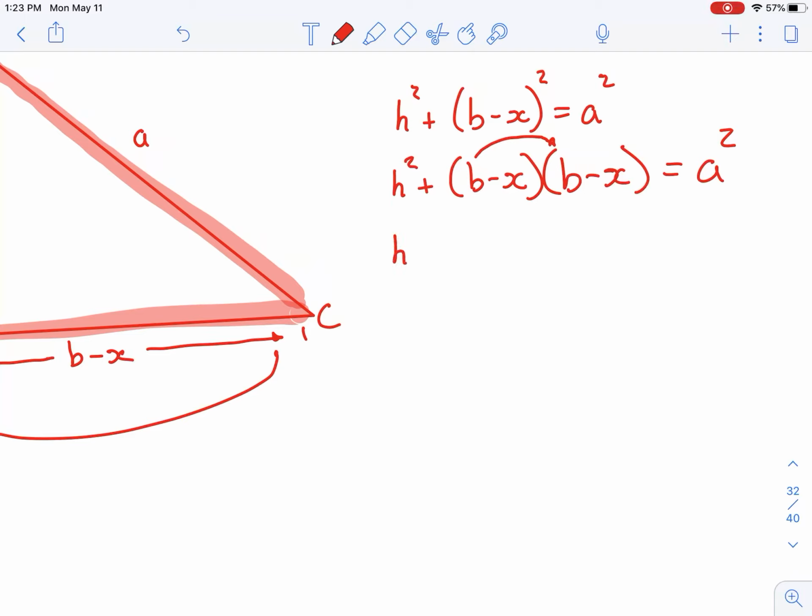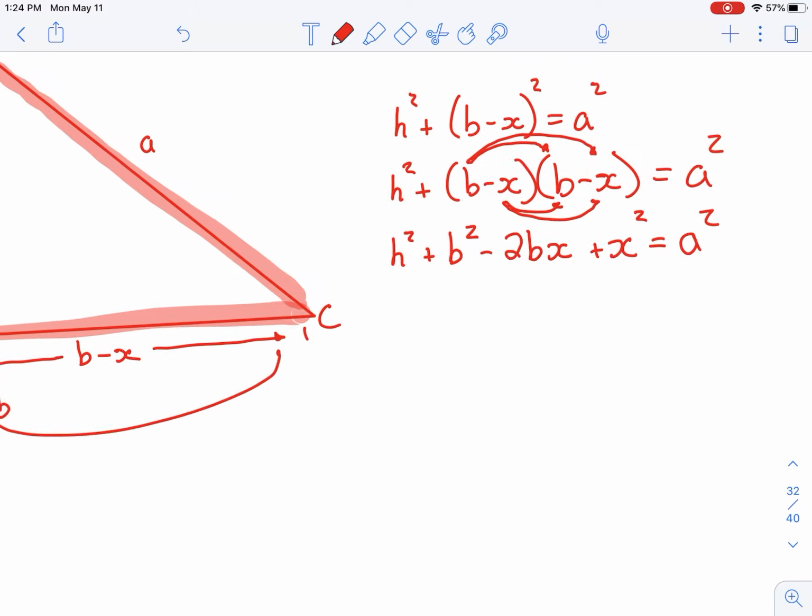We've got h squared plus b times b is b squared, b times minus x and minus x times b is minus 2bx. And then last but not least, minus x times minus x is positive x squared, equal to a squared.